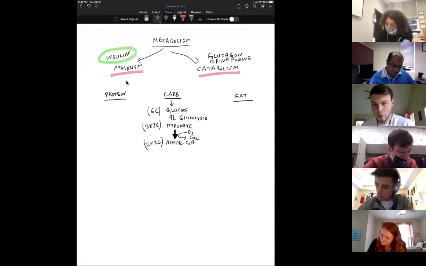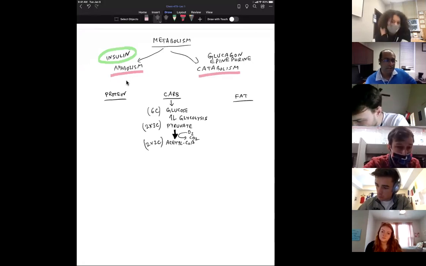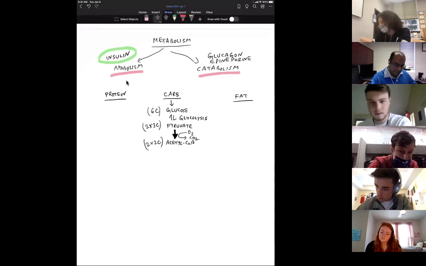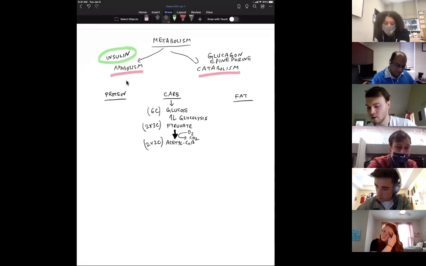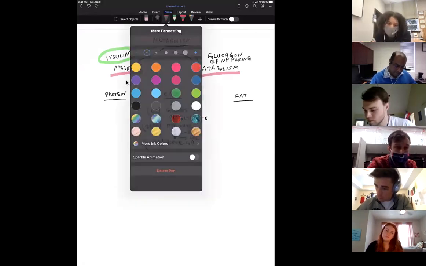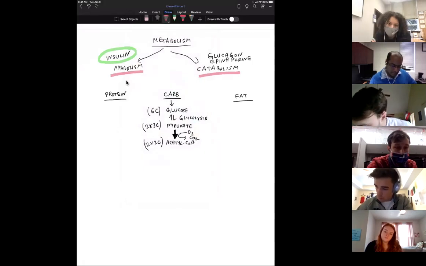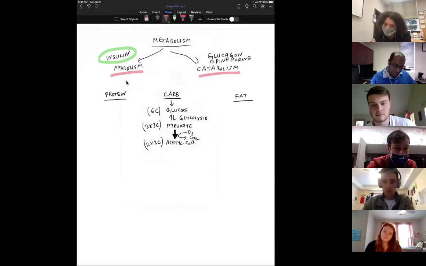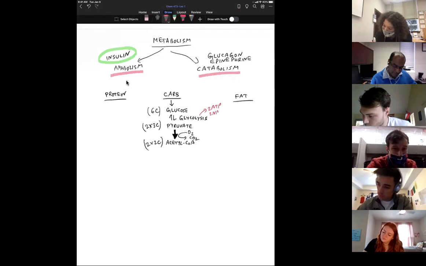Then, what about the electrons? I have been talking about how we're going to get electrons from the process. So the electrons are here. From glycolysis, we produce 2 ATP directly, and we also produce 2 NADH.